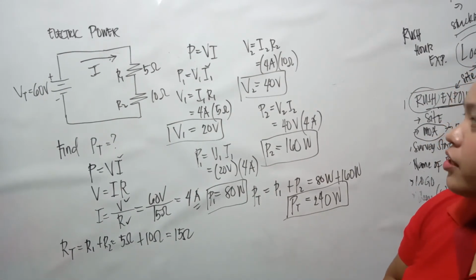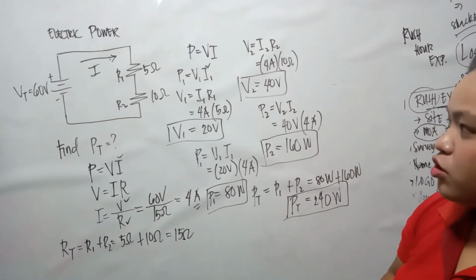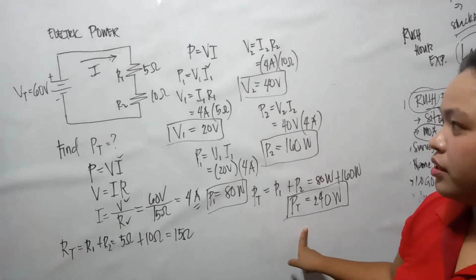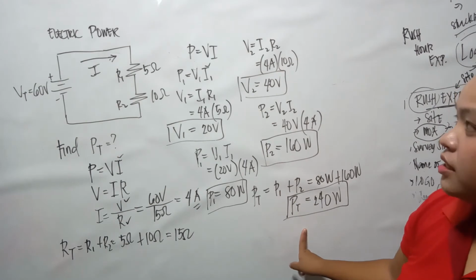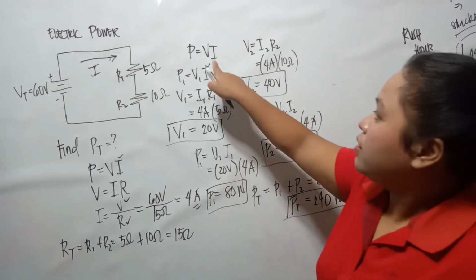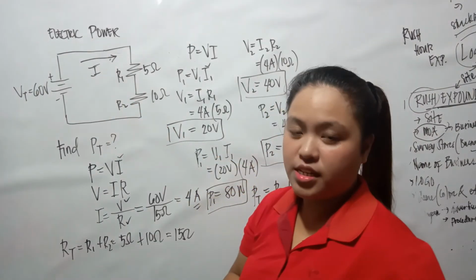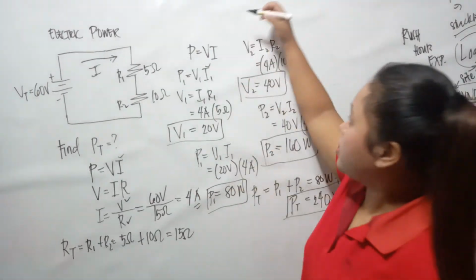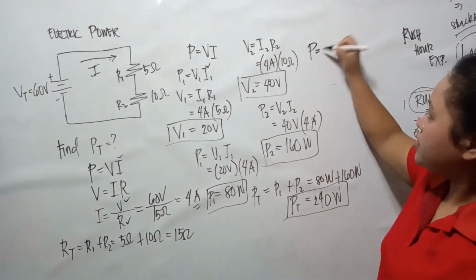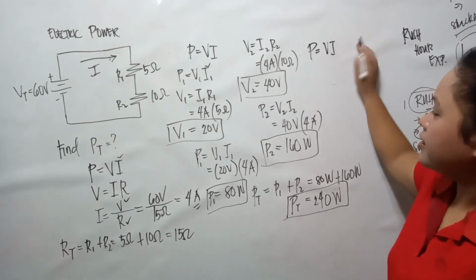Now there are other ways of solving for the total power dissipated, by using the given current and the resistance. Let's try using power is equal to VI, right?